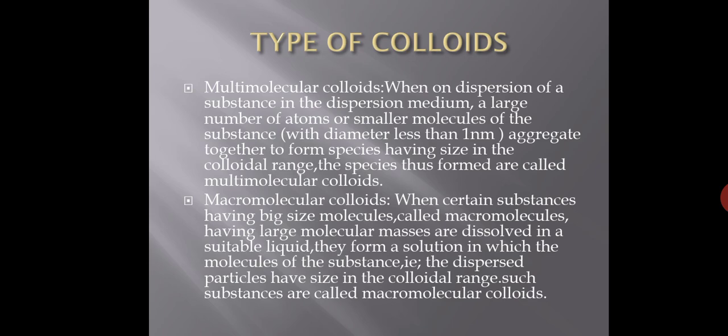Gold atoms, which are crystalloids, come together in a given solvent and form a gold sol, that is, a multimolecular colloid. Similarly, sulfur atoms come together in a particular solvent and form a sulfur sol.